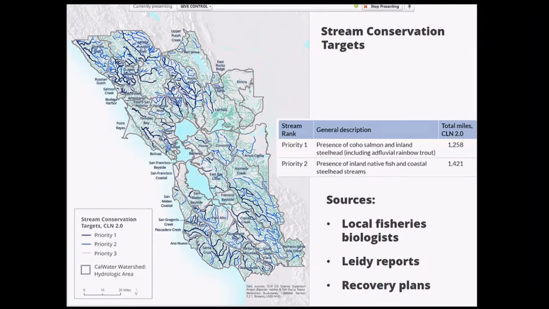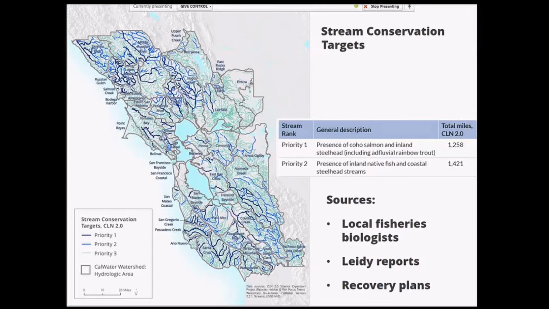Priority 2s are presence of inland native fish and coastal steelhead streams. And then priority 3 are all other streams, because they're just so important. Our sources are local fisheries biologists, Rob Leidy's reports with the Cal EPA, and various recovery plans, including the state's.